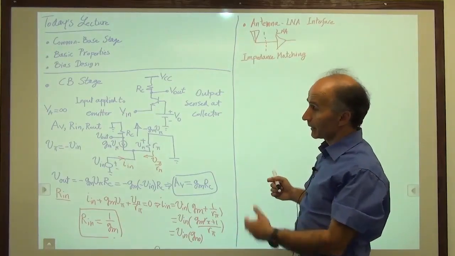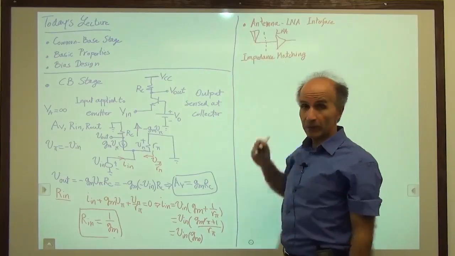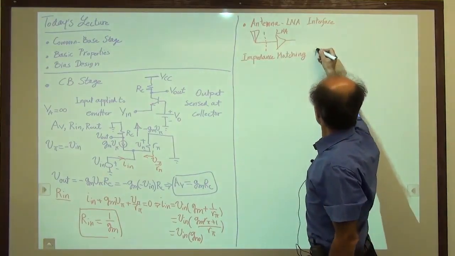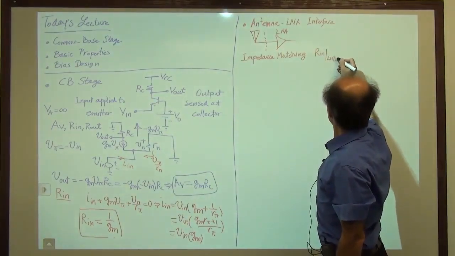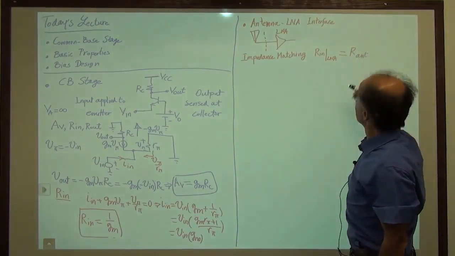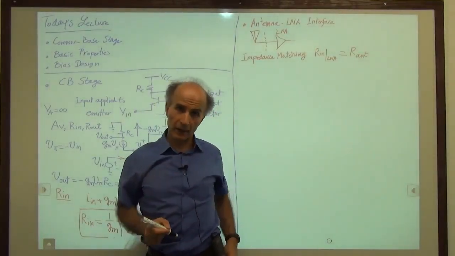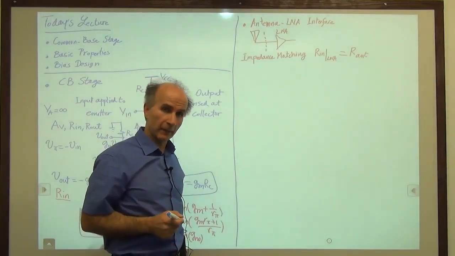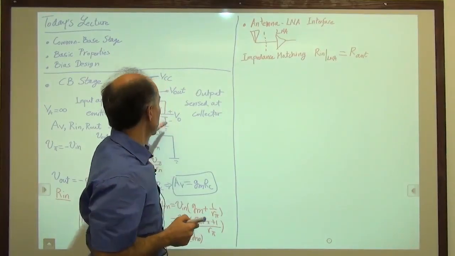So there are some applications for the common base stage where the low input impedance is useful. So in this case we are saying that the input impedance of the LNA is equal to the impedance of the antenna. And if the antenna is designed for 50 ohms, then the input impedance of the LNA should also be 50 ohms, and that would call for a common base topology. All right, so that's on the use of the common base topology.